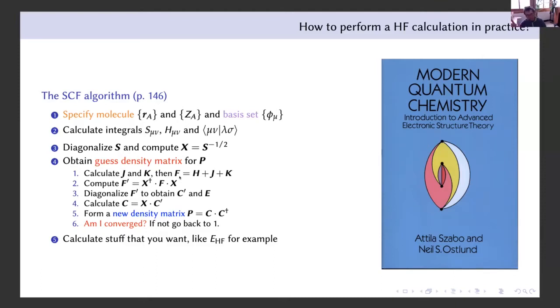So you go into the orthogonal basis thanks to this X matrix. You diagonalize F prime in that basis, and you back-transform to have the coefficients of the molecular orbitals, the C's. And after, you can compute your density matrix, and after you loop, and that's basically your SCF algorithm.